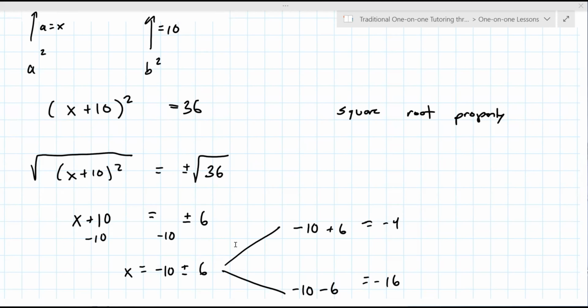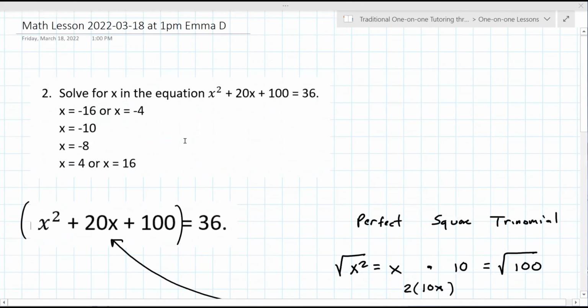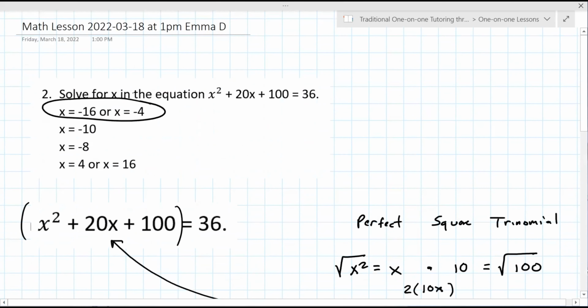Do you have all this down? Yeah. Okay, so if we go back to the answers, looks like answer A is correct.